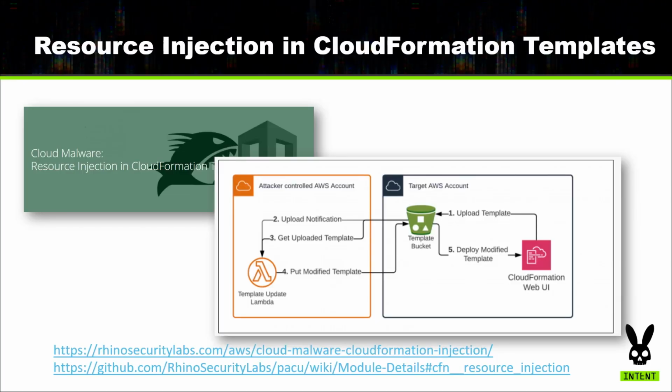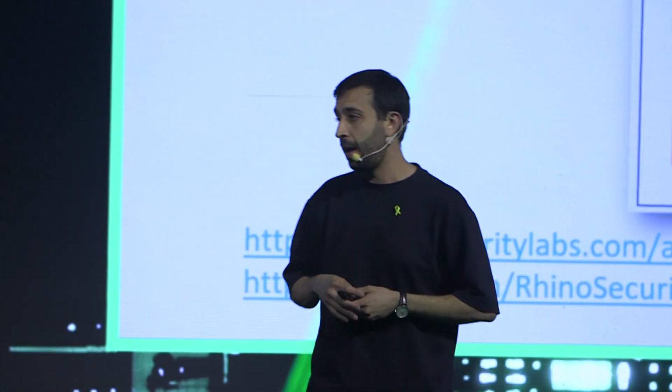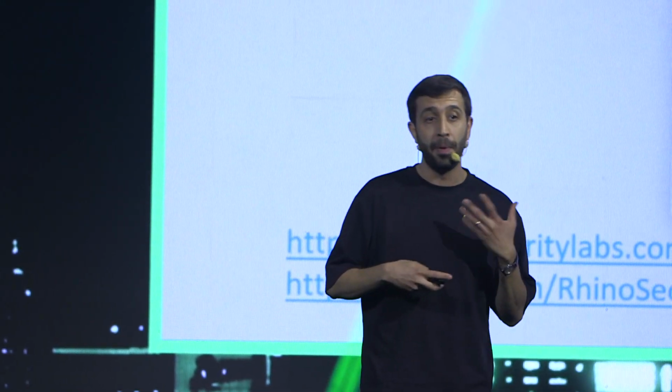The whole idea behind this technique is a time-of-check, time-of-use issue that the CloudFormation service has by default, that allows an attacker a window of opportunity to modify the template file before the CloudFormation service deploys it. So the attacker can modify this template file manually or with a Lambda that will do it automatically.